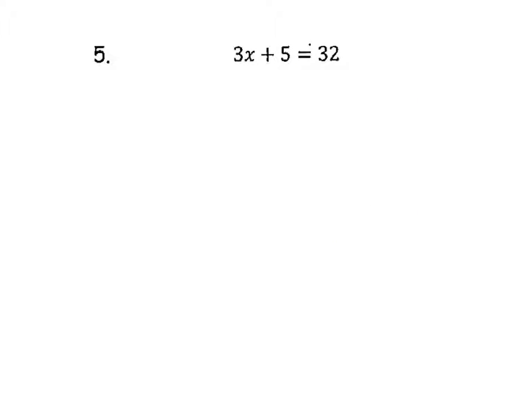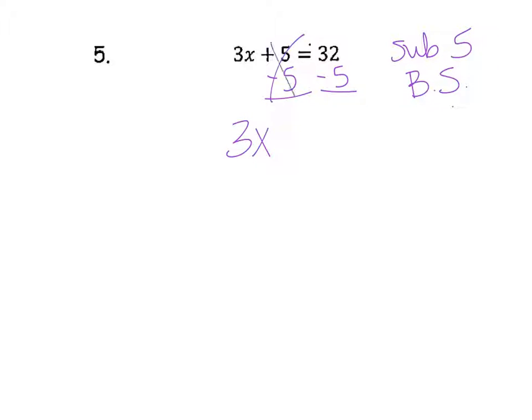Okay? It's a positive 5, so I'm going to subtract it, both sides. Subtract 5, both sides. You can write the steps if that's going to help you, like write it on the side each step. I'll do it this example so you know. Okay, so the 5s canceled. 32 take away 5.